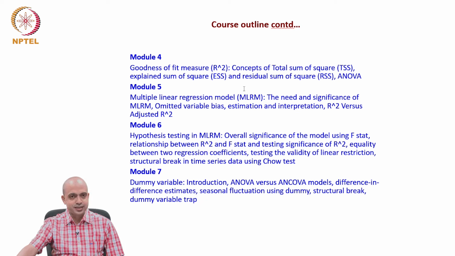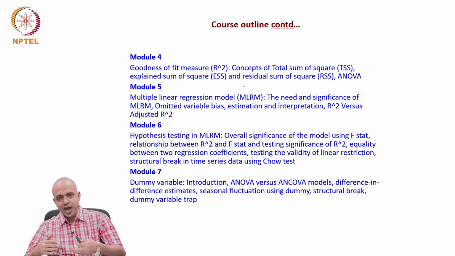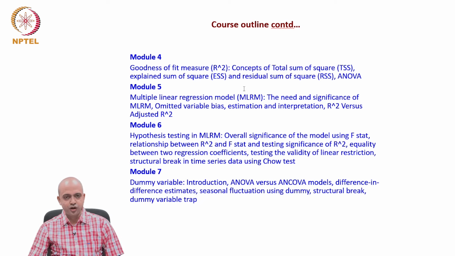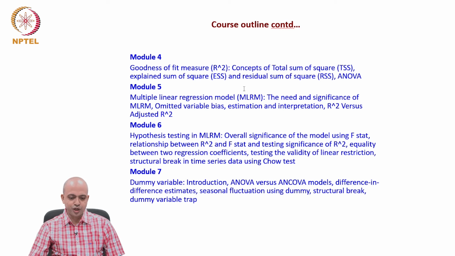So, TSS equals ESS plus RSS, and then we will also learn about the ANOVA, analysis of variance. That means what are the different components and what is their contribution, and we will be deriving several other concepts from this ANOVA table. So, that is what we are going to learn in module 4.